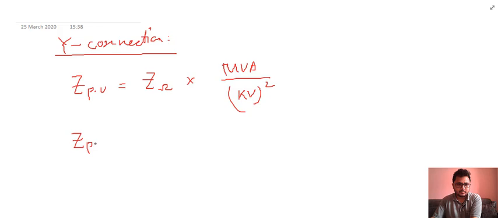So for a three phase connection, the formula would be Z ohm into 3 phase MVA. I have already told you that we always calculate in terms of per unit, so divided by 3.